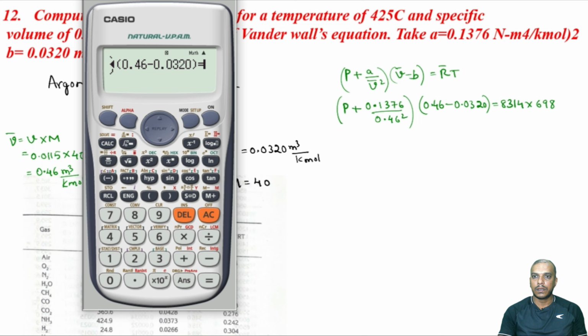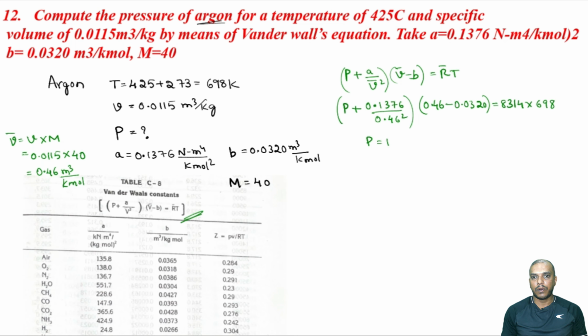Alpha equals R bar 8314 multiplied by temperature 698 Kelvin. Shift solve for x equal to 0. We have the answer: pressure is 13.55 into 10 power 6 Newton per meter square, or 13.55 megapascal.